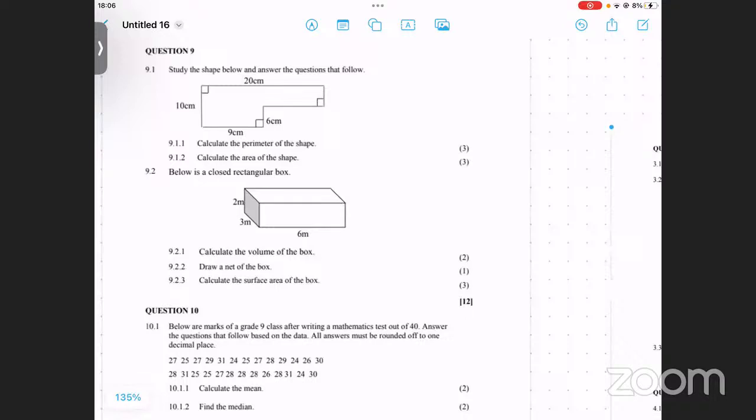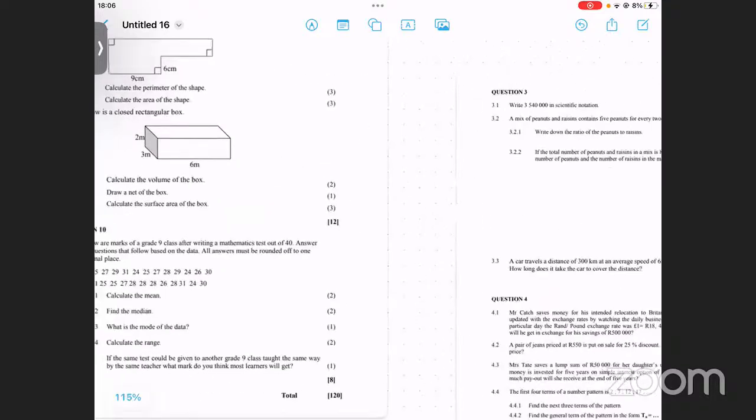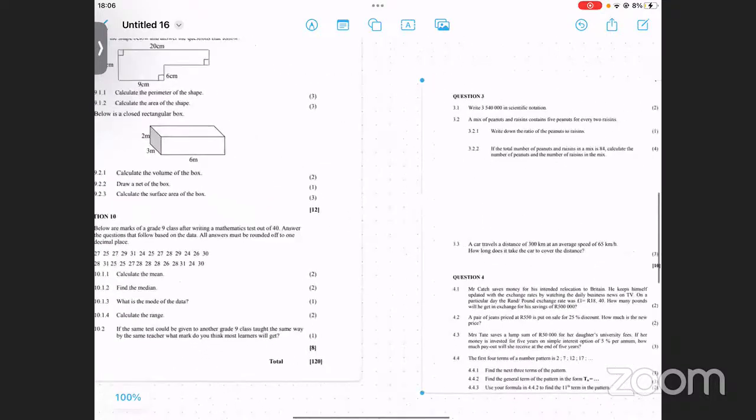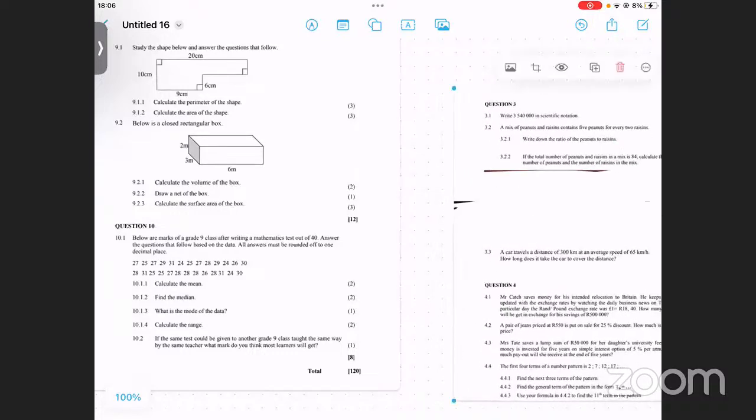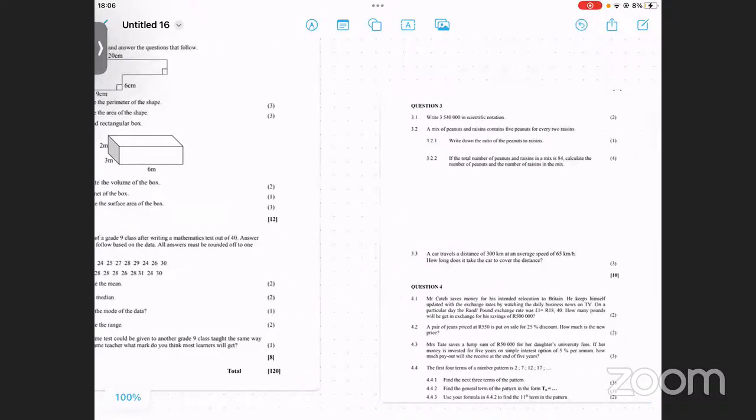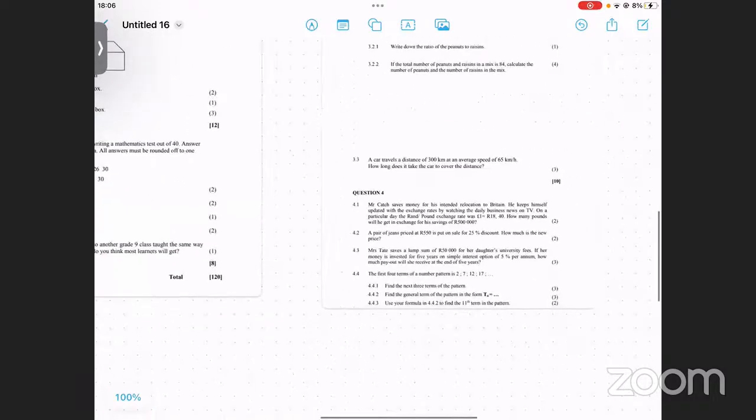Because I know we're not going to be able to cover everything today, so the others you could complete on your own, and then on Friday when we meet, we're going to do the rest of the questions together. So which one do you want us to start with? 9, 10, 3, or 4? Ma'am, is it okay if we do 4? Which one is 4? Okay.